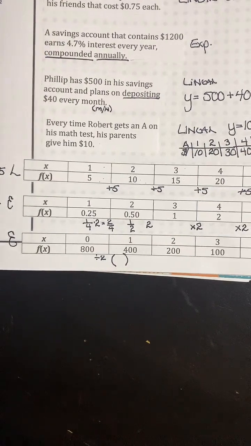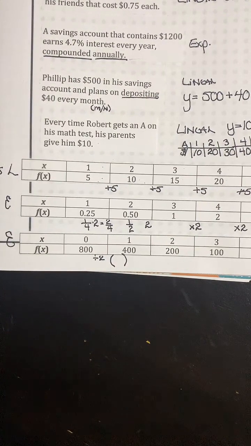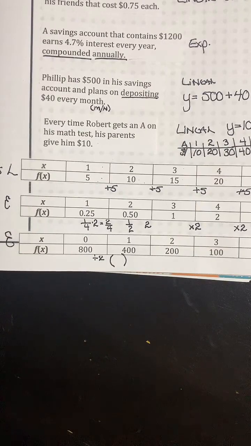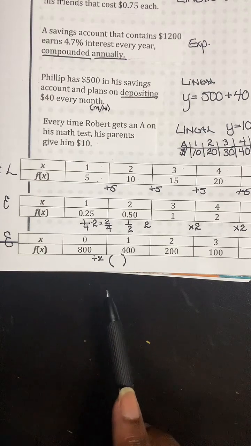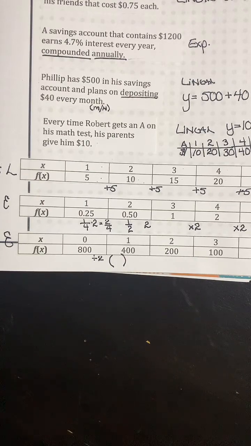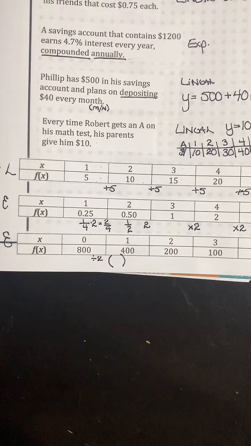If it's through multiplication, you guys notice that you were dividing by 2. So if I flip the script and I want to know what is the pattern, there we go. Good, Jazz. Good, Chantel. Multiply by 1/2.